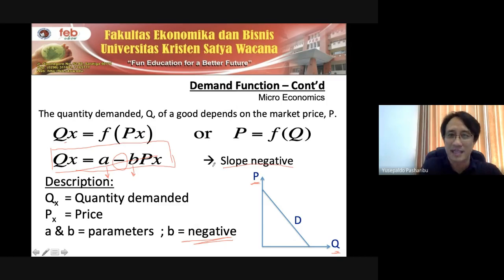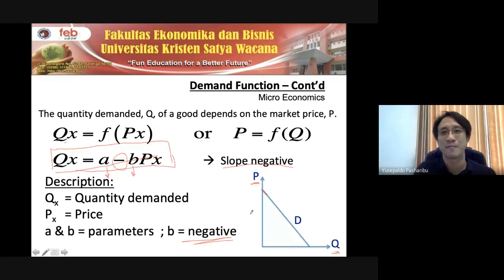So the slope is negative. If we see the graph, then we will see this is the demand. For a linear function, the graph must be a line. The line can be in two ways.